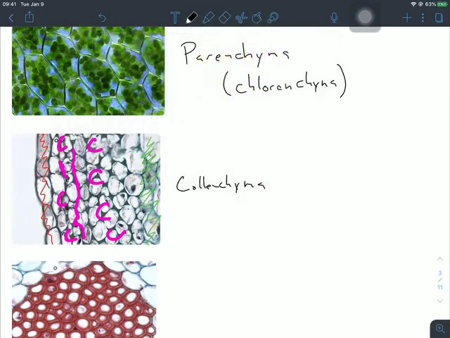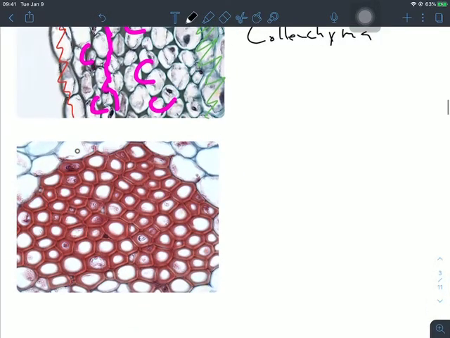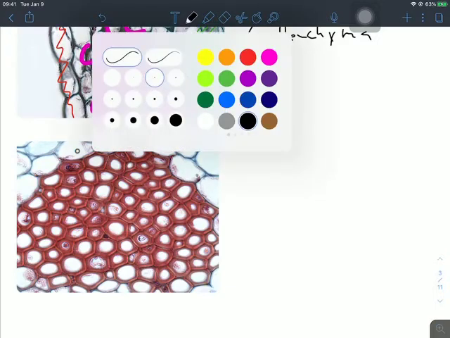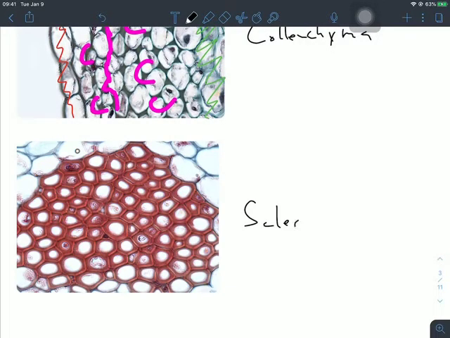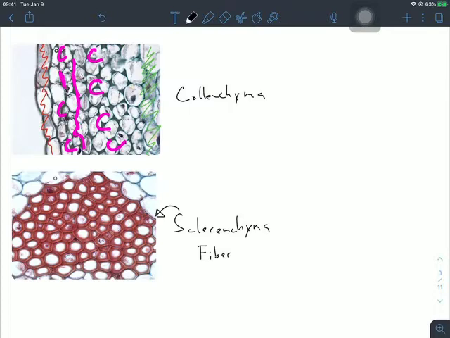You'll notice how different these cell walls look compared to the absolute monstrosity of a cell wall that we see within sclerenchymal tissue. All of the red stained cell walls here are sclerenchyma. These things are making up a lot of your fibers in the plant. A lot of the supportive tissue that's incredibly dense, incredibly thick to get through.